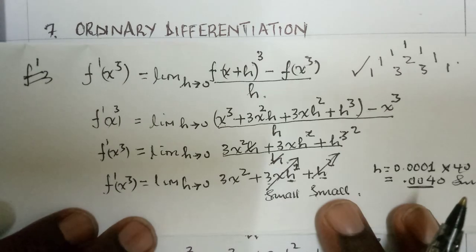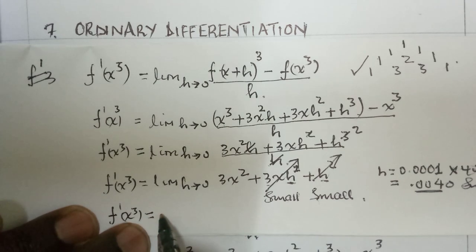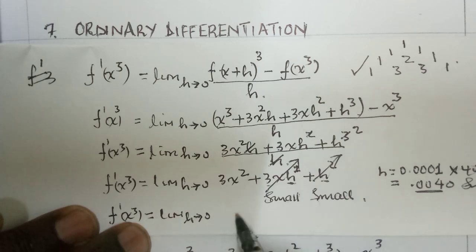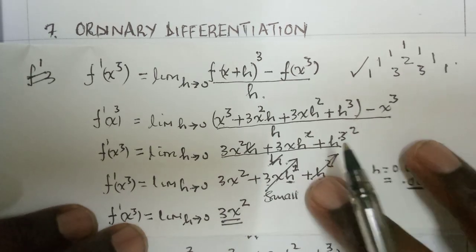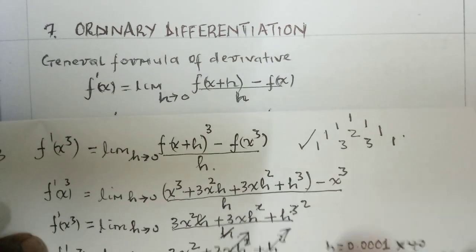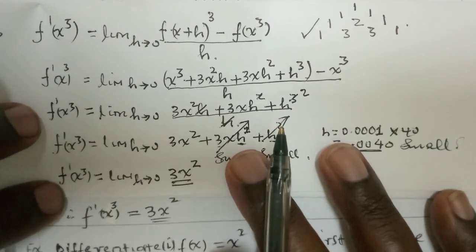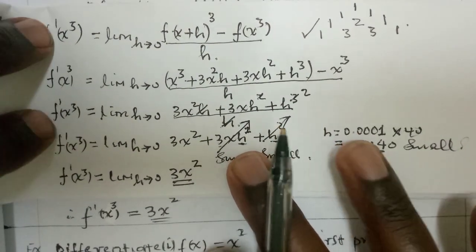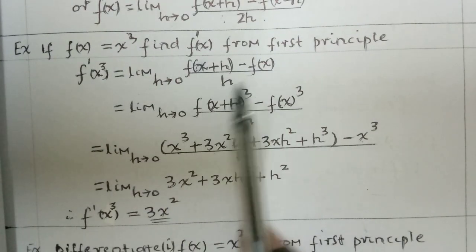And so guys, we'll be left with f prime of x cubed equals limit as h tends to 0 of 3x squared. This is our value that we are looking for, that is our answer. And so we do that problem as shown, or you can even follow this route. So that is how we do it.